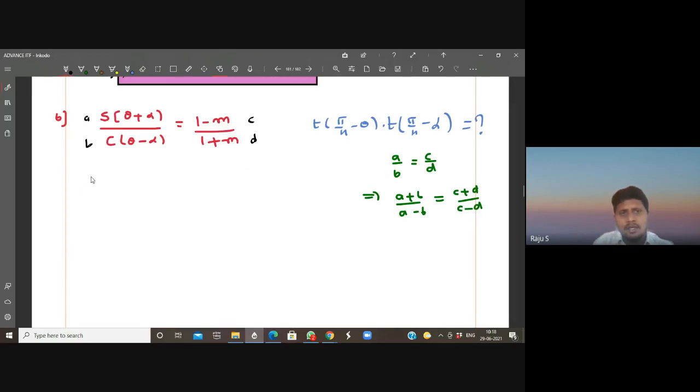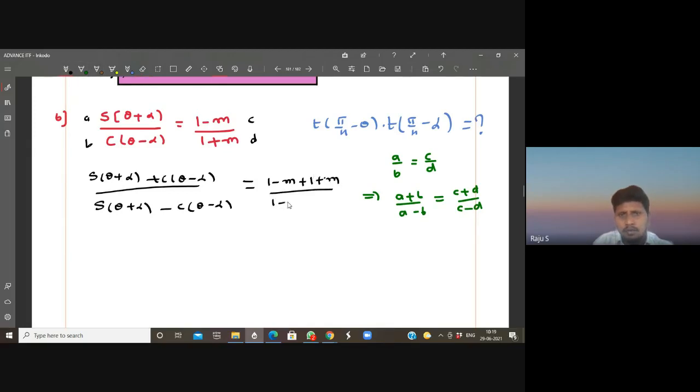So A plus B means sine theta plus alpha plus cos theta minus alpha, all divided by sine theta plus alpha minus cos theta minus alpha, should be equal to C plus D by C minus D: 1 plus m plus 1 minus m, sorry, it is minus, 1 minus m plus 1 plus m by 1 minus m minus 1 plus m.